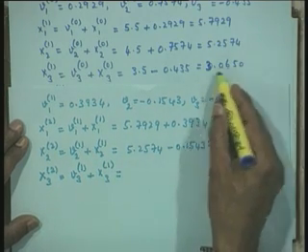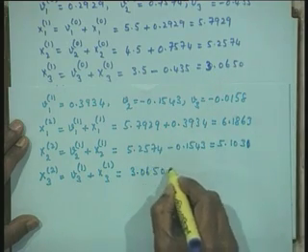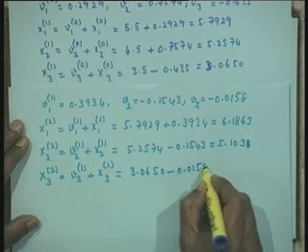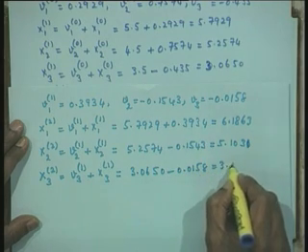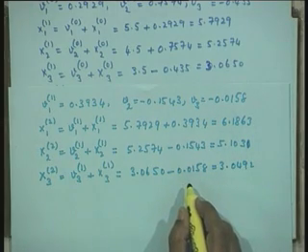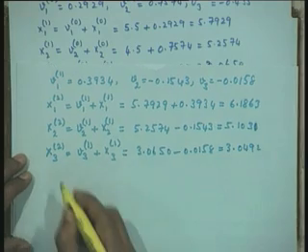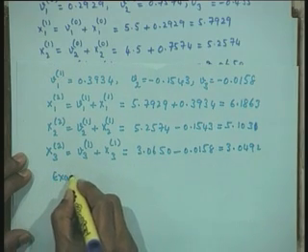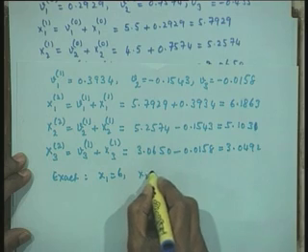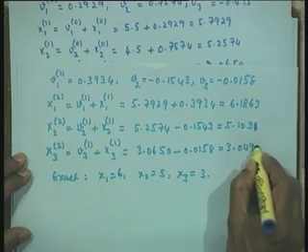The value of x3 is 3.065 and the value of V3 is minus 0.0158, that is 3.0492. Now, we have completed 2 iterations and the exact solution for this problem is x1 is 6, x2 is 5, x3 is equal to 3.